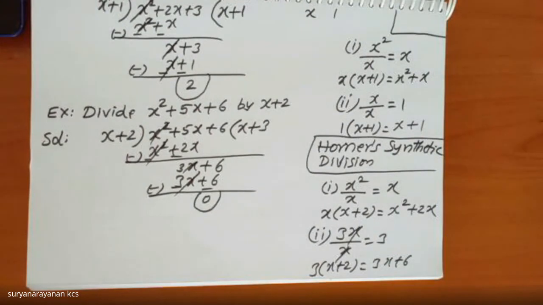Now come to this remainder theorem. What is the statement of the remainder theorem? Before coming to the next class, all of you go through pages 35, 36, 37 and 38 in the textbook. Examples are also there.